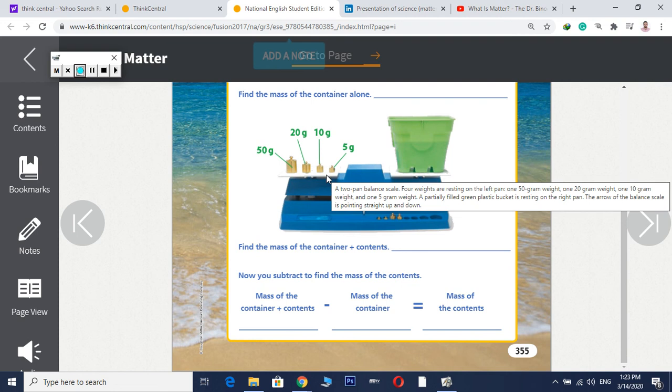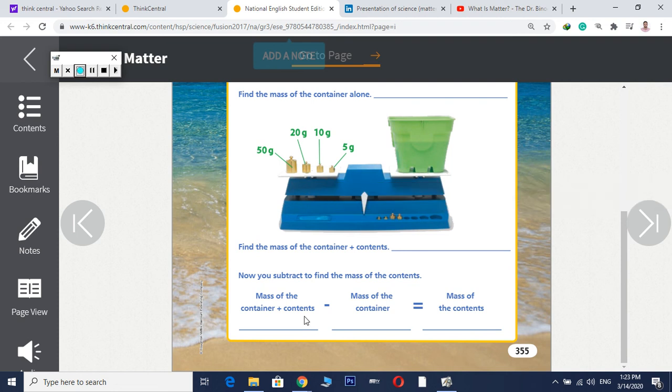Yes, it is the mass of the container plus content minus the mass of the container. So it is 85 minus 10 equals 75. It is easy, and I think we took it the last term and everyone knows it.